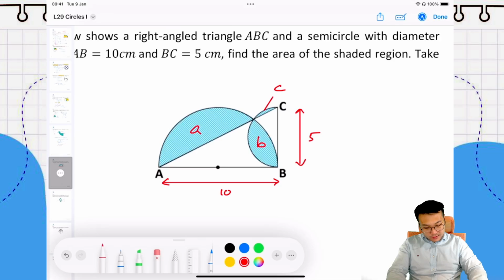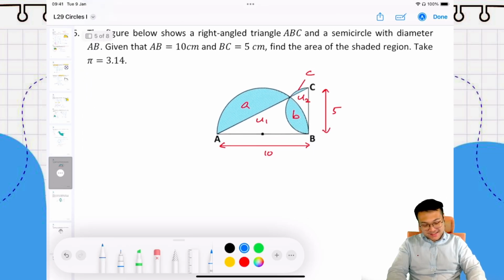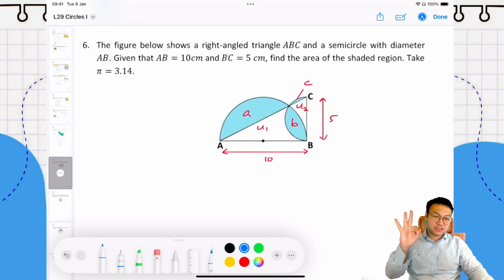Now, I also would like to label the 2 unshaded parts, so that it's easy for me to refer to them. So why not I call this unshaded part number 1 and unshaded part number 2, with the letter U for unshaded. So we have 3 shaded parts, A, B, C, and 2 unshaded parts.